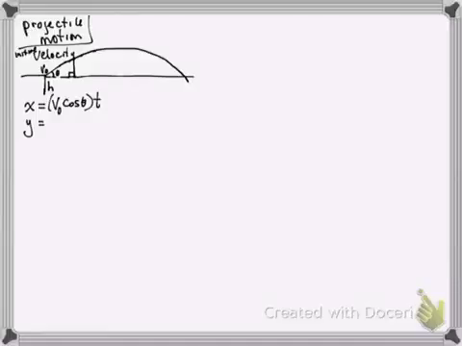The other one is the vertical motion. The vertical motion is affected by y, but it's also affected by gravity. So we have negative 1/2 g, which is the acceleration due to gravity, multiplied by t squared.